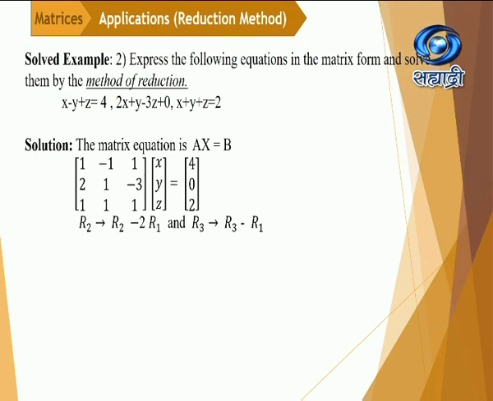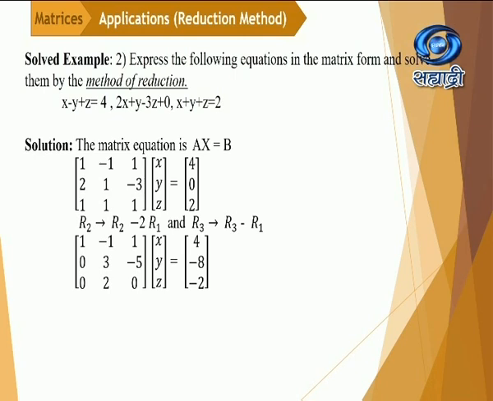Here already A1 place is 1, so no need to make it 1. Then after applying these two independent row operations, system is changed to 1 minus 1 1, 0 3 minus 5, 0 2 0, x y z, and right hand side is 4 minus 8 minus 2.